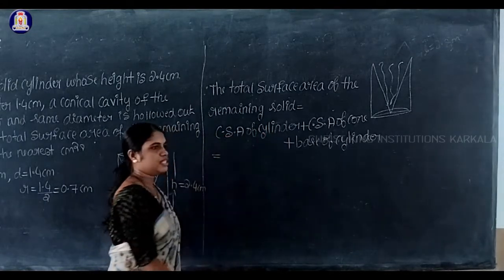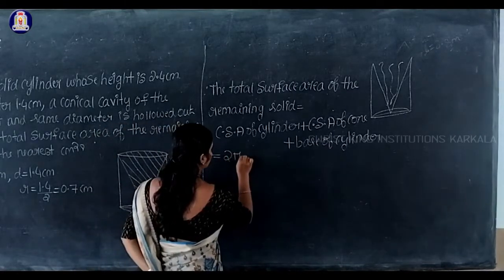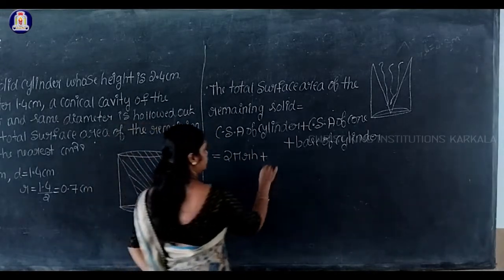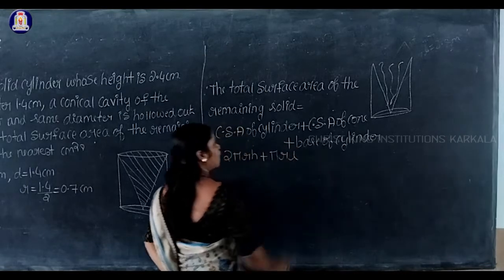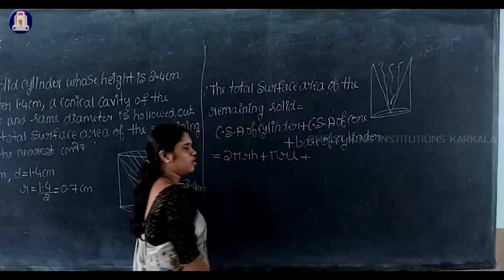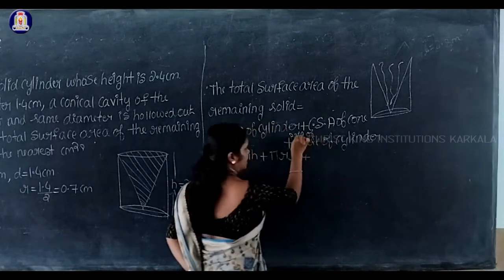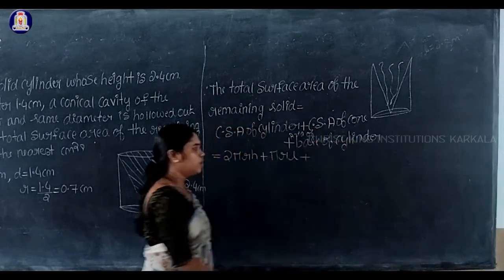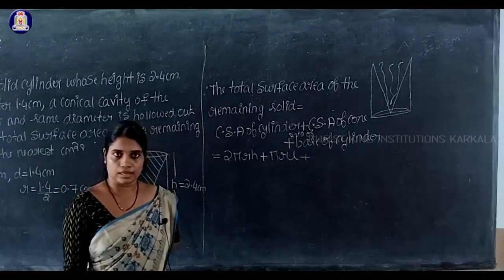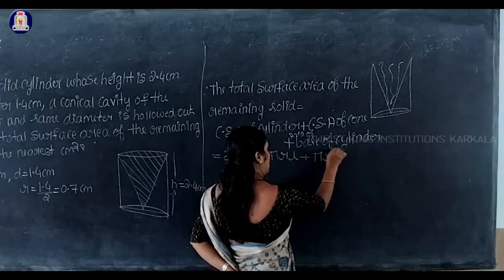What is the formula to count CSA of the cylinder? CSA of the cylinder is given by 2 pi r h, plus CSA of the cone, which is given by pi r l, plus the base of the cylinder. What is the area of the base? The base of the cylinder is a circle, so the formula for area of the circle is pi r square.